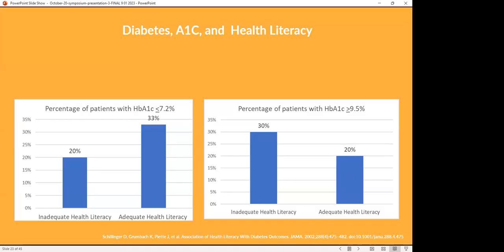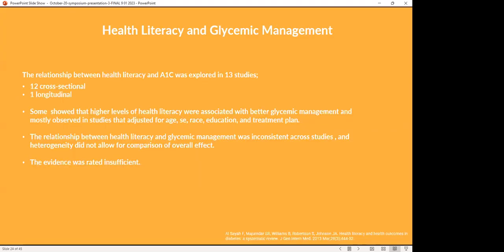And then we can see how those things can really hinder if you don't know how to take your medication, if you don't know how to weigh things, if you don't know how to perform certain functions when it comes to managing your diabetes.